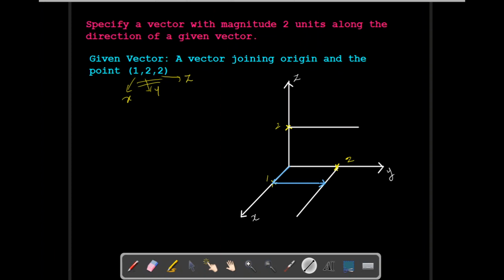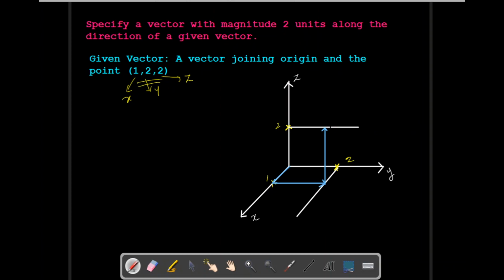Now how to locate z? From the tip of this vector, a height of 2. So somewhere I'll be here. So what will this point be?